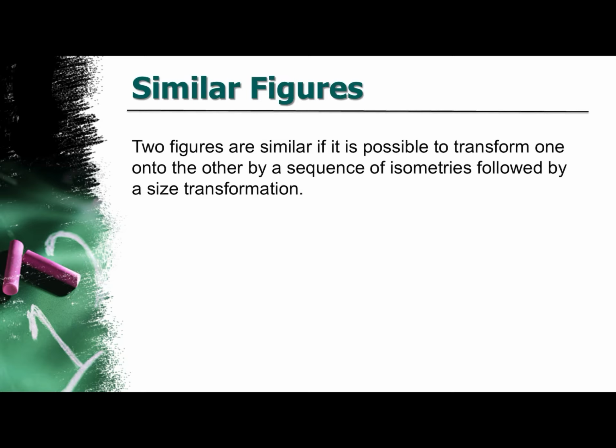So we mentioned when we talked about the other isometries that if two figures were congruent, there would be some kind of an isometry that mapped one onto the other. And the same thing goes with similar figures, that there's some combination of isometries and a size dilation that will get one onto the other.